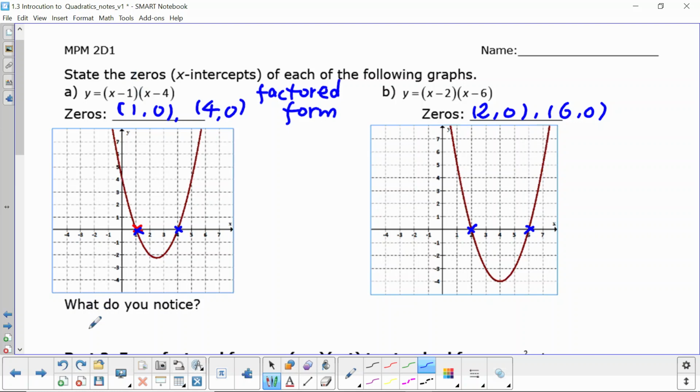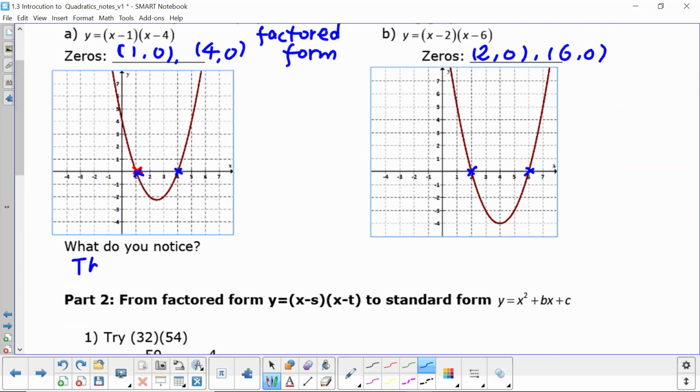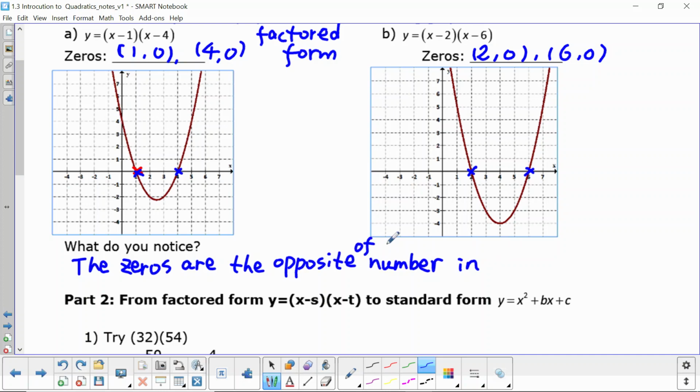Okay, so we are going to write: the zeros are the opposite of the number in the bracket.